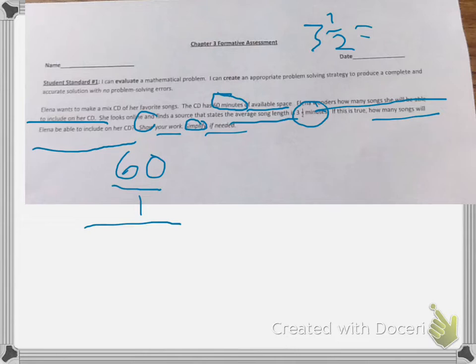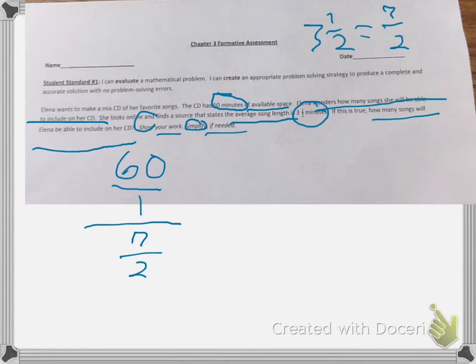You have 3 wholes, which means you'll have 6 over 2 for the 3 wholes, plus 1, which would be 7 over 2. So it'd be 60 over 1 divided by 7 over 2 if I write that as a fraction.